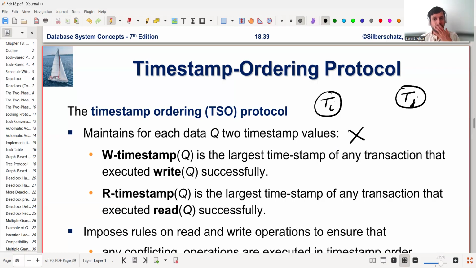We are nevertheless claiming that the serialization order is Ti followed by Tj, because Ti came into the queue before Tj. So in this case, let's say i is less than j, because Ti is older, and Tj in some sense is newer.